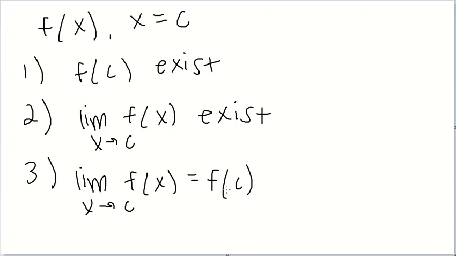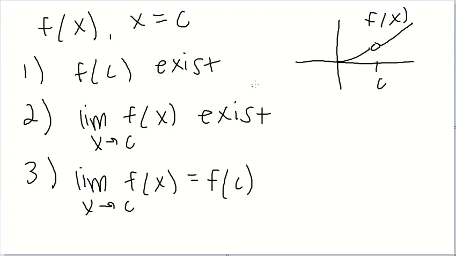We'll look at a few examples that might help solidify these conditions. The first one: f of c has to exist. Let's think about a function that looked something like that, with a hole there, and we'll call that c. If this was our f of x and we were checking whether it's continuous, we'd go through each of these criteria one by one, because all three have to be satisfied in order for a function to be continuous at a point.